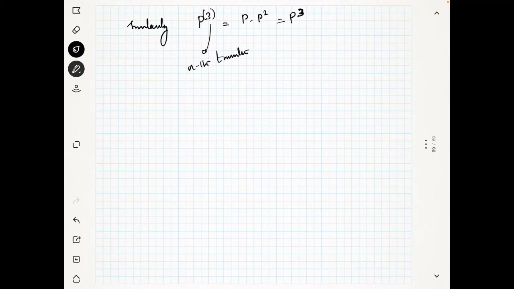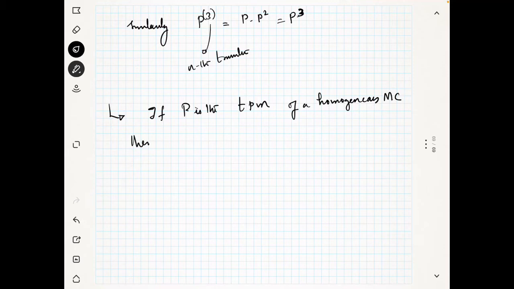So, I want to give you one comment on this. If P is the transition probability matrix of a homogeneous Markov chain, then the n step transition probability matrix Pn is equal to the nth power of P, that is P power n.